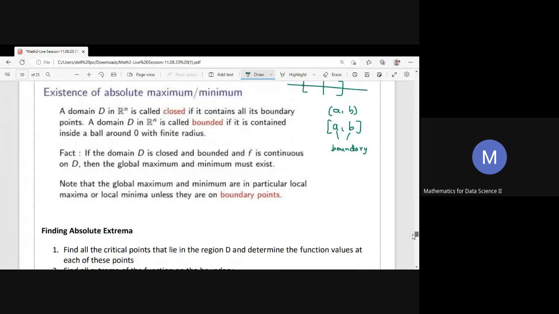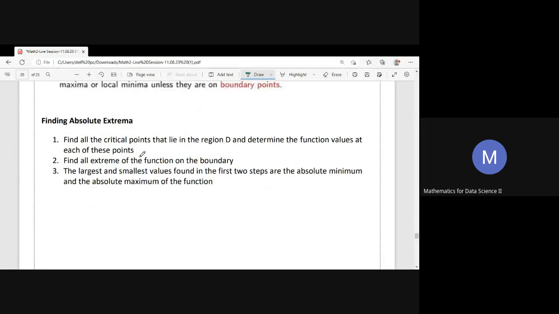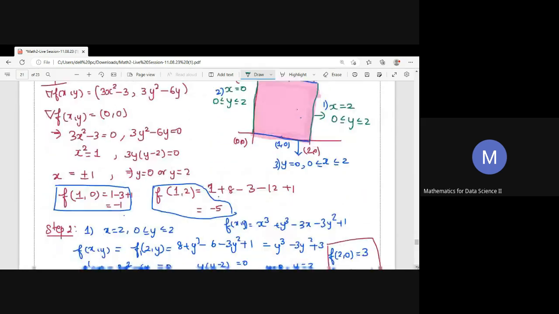Okay, fine. And for finding the absolute extrema, the steps are given to you. Here this step maybe you can use for the saddle point also. You see whether it is a critical point and whether it is an absolute extrema. For example, maybe here this point 1, 0. It is a critical point, but is this an absolute maximum or minimum? No, right?